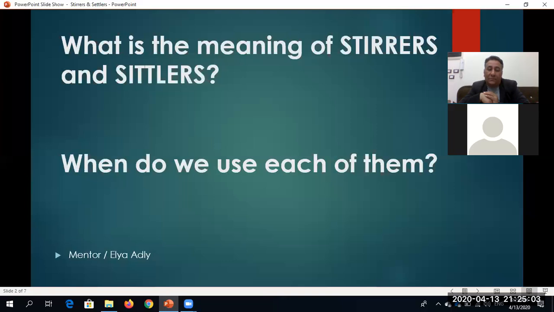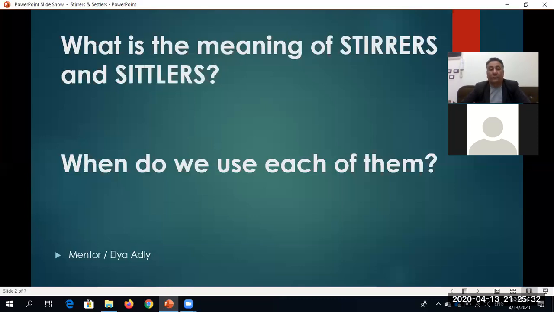Yes, Mr. Noor? There are some activities used in the classroom. Settlers are used to sit down the class or the pupils, and stirrers are the opposite.